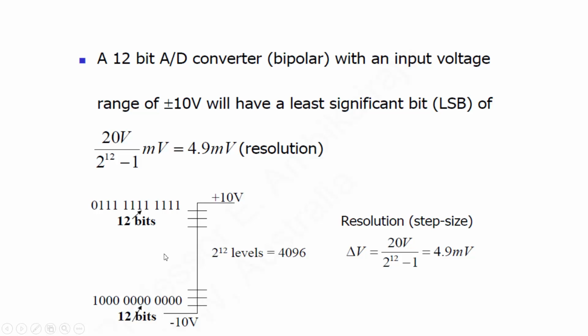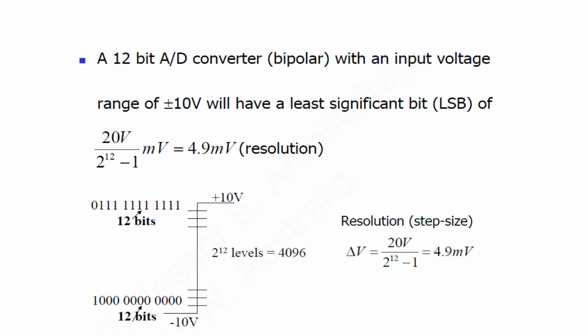Now, this portion of the slide shows the quantization levels. Because there are 12 bits in the A to D converter, how many quantization levels will be there? 2 to the power 12, so 4096 quantization levels. At the output of the A to D converter, we will get 12 bits for every sampled value.